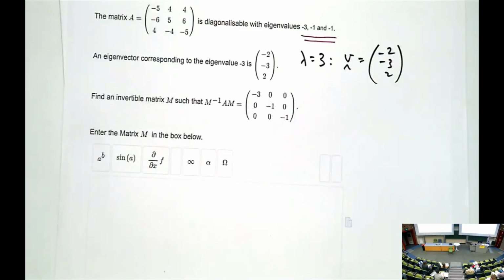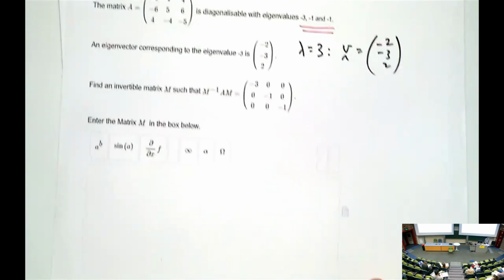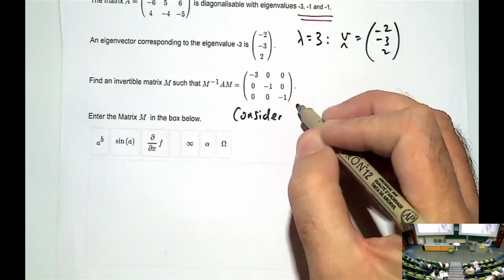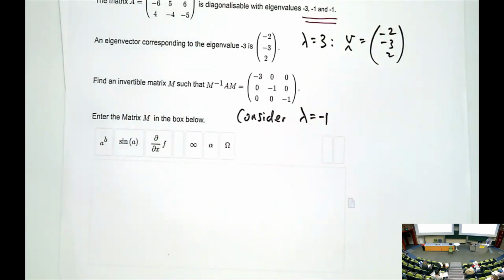We've got to produce two vectors. How do we do that? Let's see what we can do here. So consider, it's repeated.